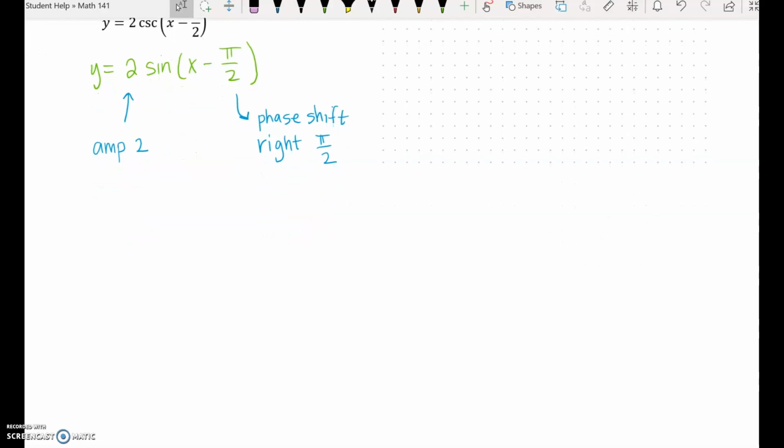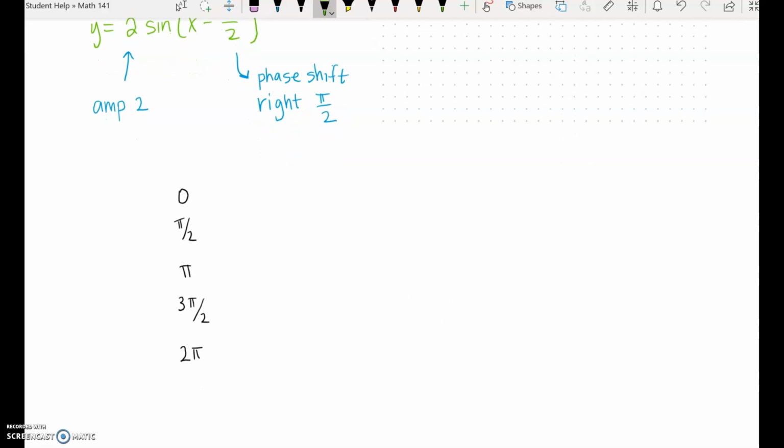So let's think about our 5 key points for the sine graph. The period is the same. It's going to go from 0 to 2 pi. But then we need to add pi over 2 to each of these values so that we can shift the graph to the right.